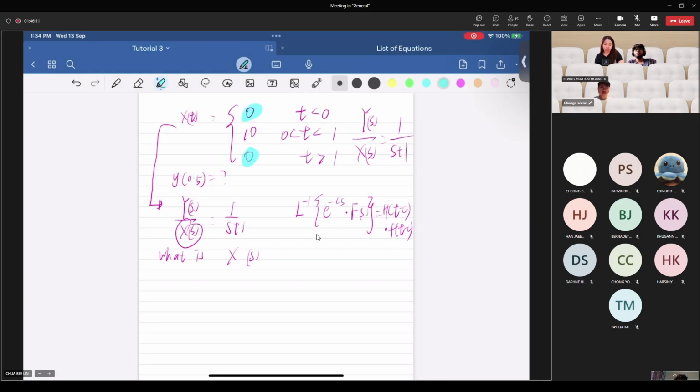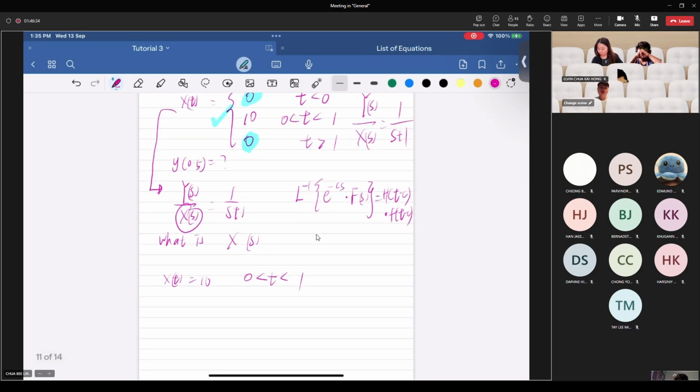When the outcome is 0, you don't need to solve them because the value is 0. When you multiply everything with 0, it will give you the answer of 0. Hence, you only need to focus on this function, which is x(t) equals 10, from the time 0 to 1. So you have learned this in your maths.